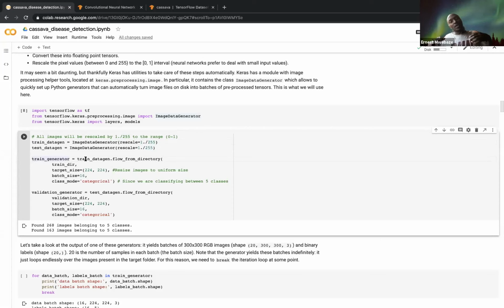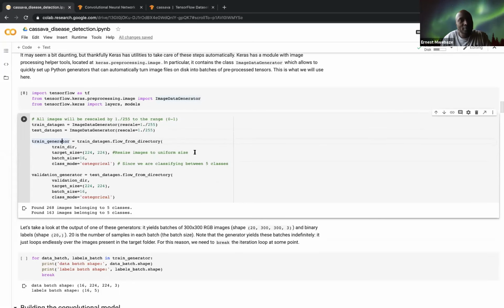I'm sure you went through a tutorial on creating a training set, a validation set, and a test set, so you can create different portions of your data. You can use flow from directory, basically picking images from a directory. This is the directory I want to pick them from. The target size determines what size you want to resize the images to. The batch size lets you process them in batches, which helps the training.